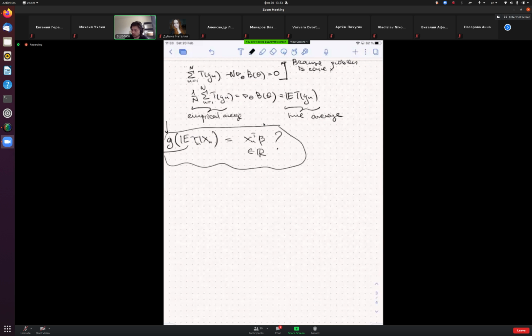And here we see that the gradient of this function from the density, b of theta, is equal to the expectation of some other functions of our variable. So then if we could invert this function, we could say that theta is equal to this guy: the inverse of this function applied to the right side.